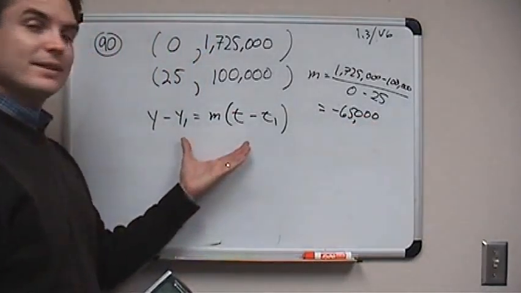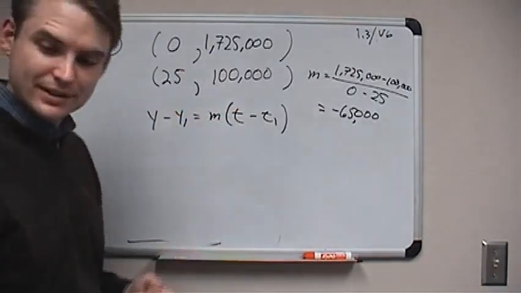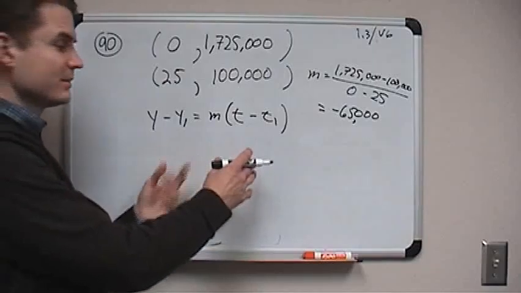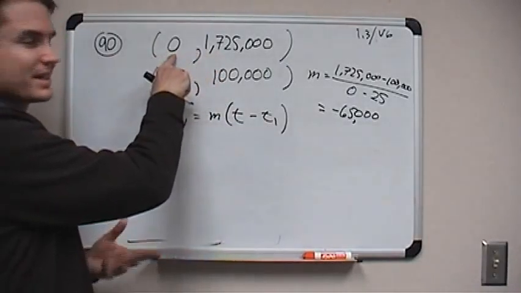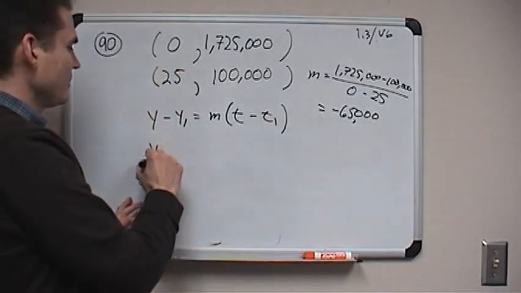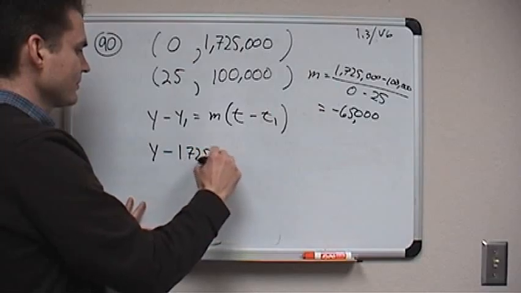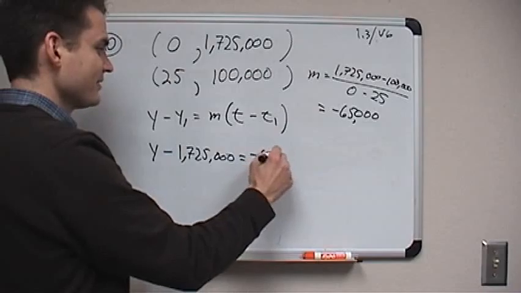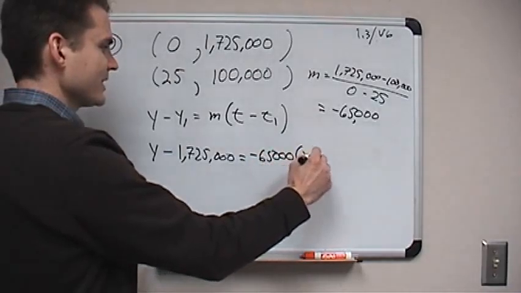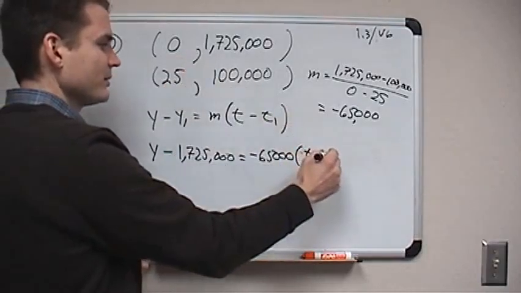Okay. Well, now to get the equation of the line, I just need to plug a t-y ordered pair into this equation for t1 and y1. So I'll probably choose this one because t is a lot smaller here, but it's going to be y minus the y-coordinate equals m, which is negative 65,000 times x, or t, I should say, minus the t-coordinate of this point, which is 0.